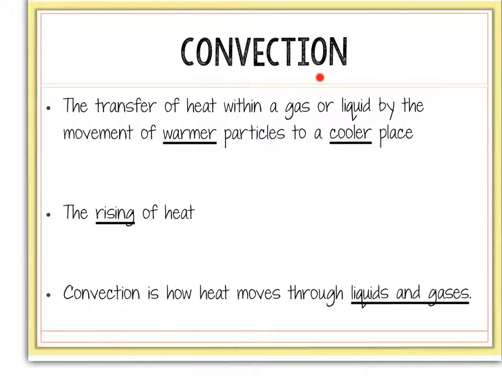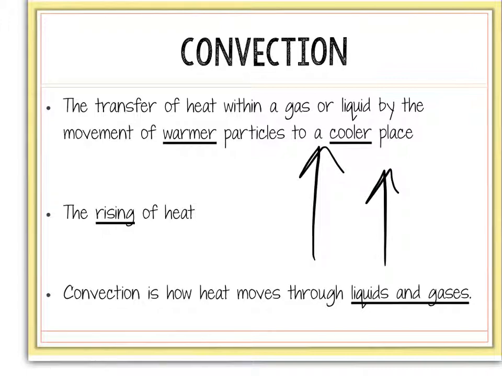The second type of heat transfer is convection. In convection, the transfer of heat will move within gases or liquids, and again, it is from warmer to cooler. An example of convection is when heat rises. Think about if you live in a 2-story house or a townhouse, your upstairs is usually warmer than your downstairs, and that's because heat loves to rise.